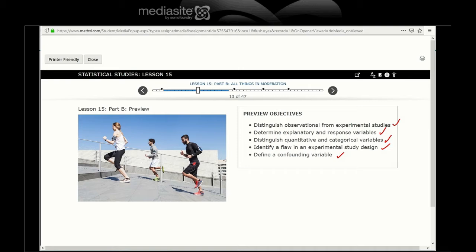Big picture, we call observational studies those where we have no treatment. No manipulating variables.